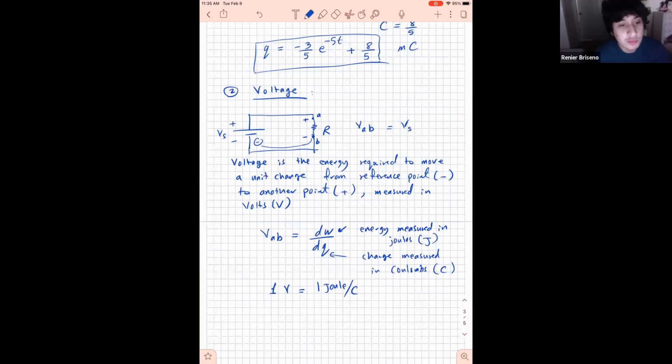And then my other question was, so point A, we refer to it as positive. Is that because, even though the electrons are moving counterclockwise, Yeah, so in circuit theory, the direction of the current is always opposite to the flow of electrons.